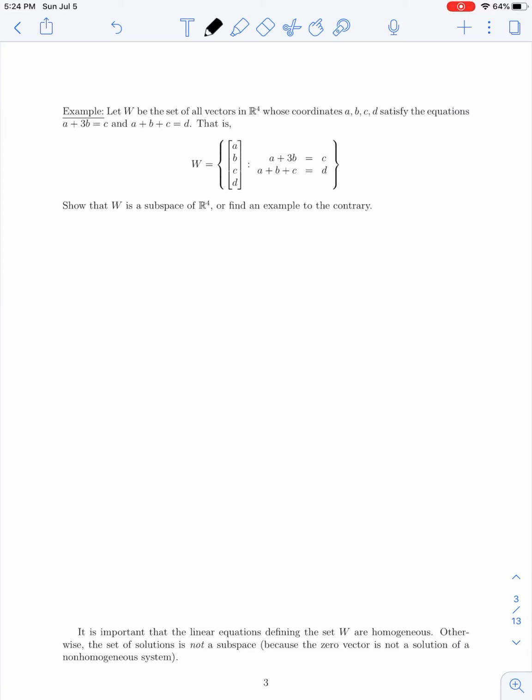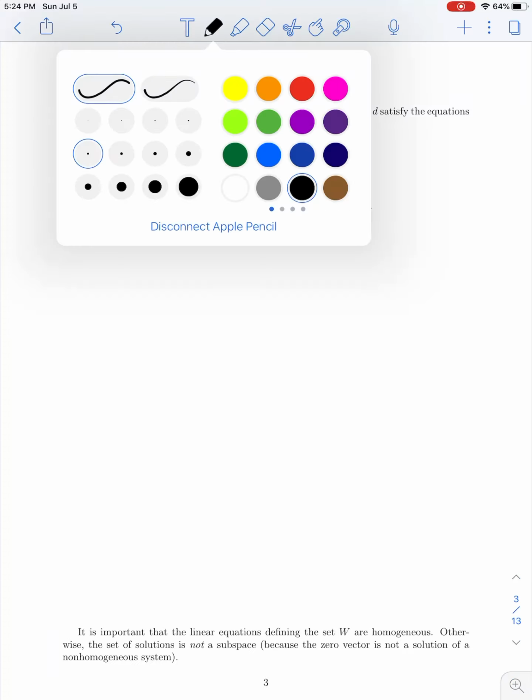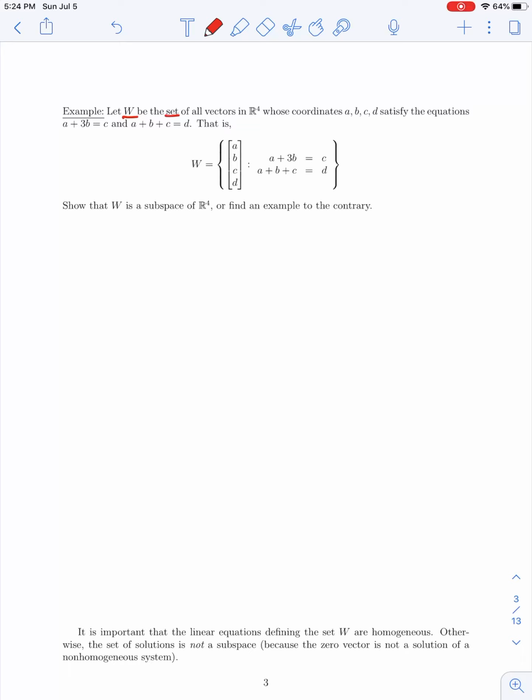Now in our next example, we are given a set W. We're told here to let W be the set of all vectors in R4 whose coordinates A, B, C, and D satisfy the equations A plus 3B is equal to C and A plus B plus C is equal to D. So here W is the set of these four-dimensional vectors where these components A, B, C, D satisfy the equations that we were given in the problem statement.